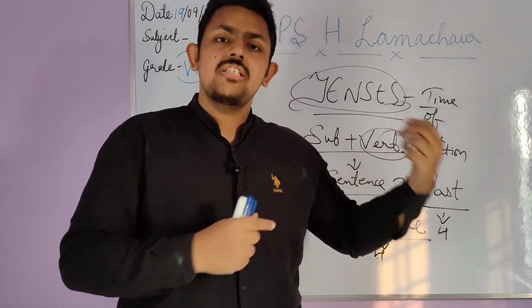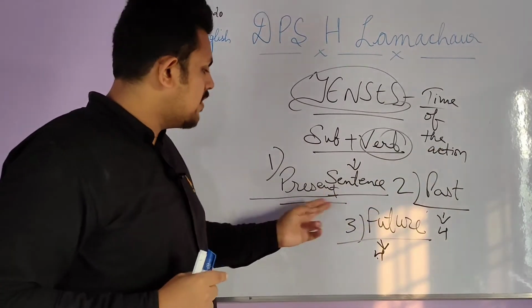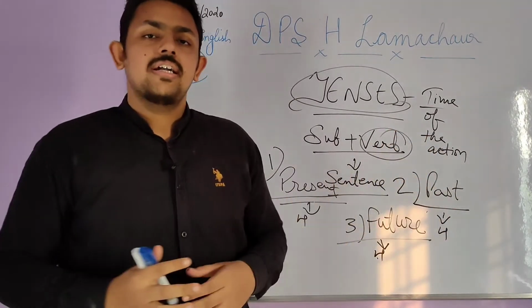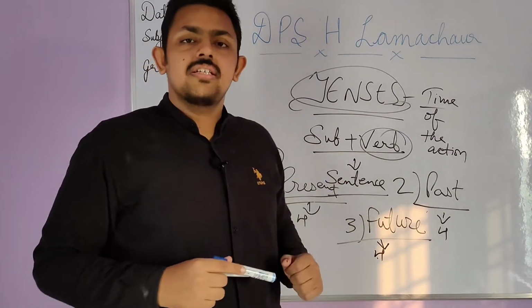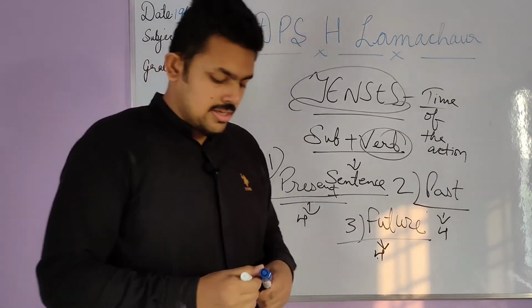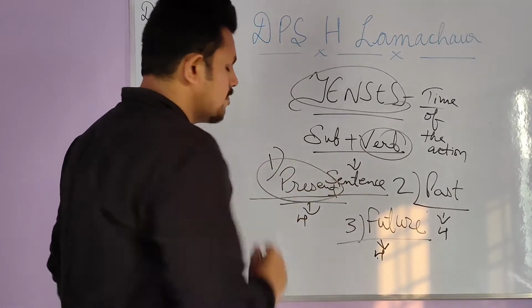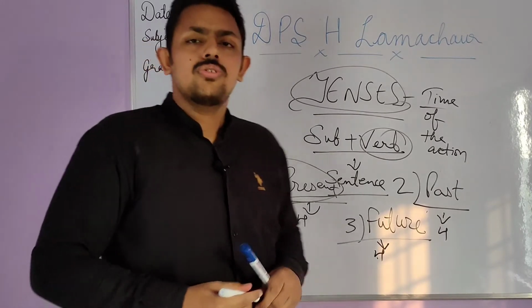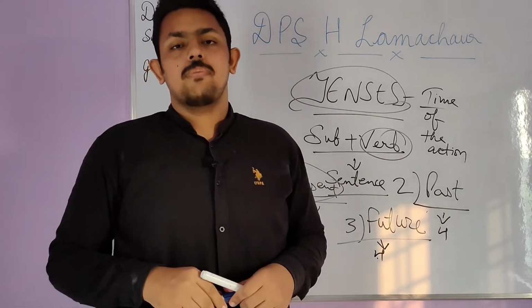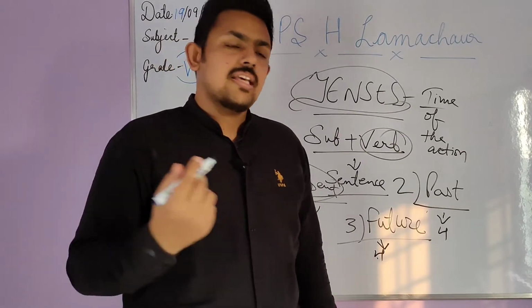We will study in detail what these 12 tenses are. First of all, we will learn the present tense, then the past tense, and at last the future tense, and all the 4 subcategories are the same.